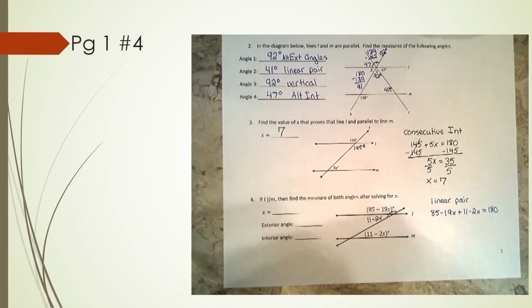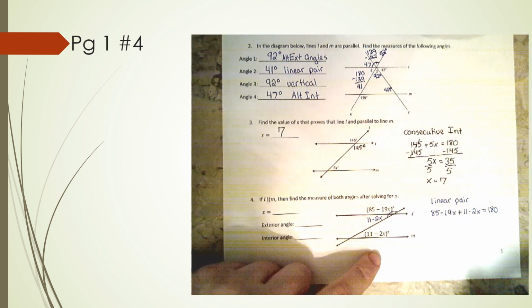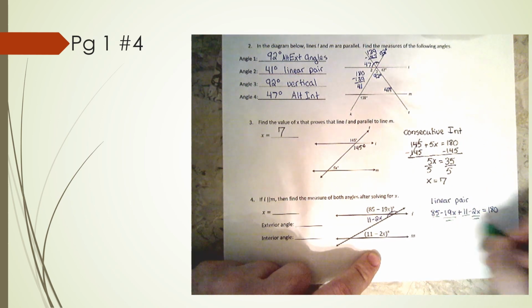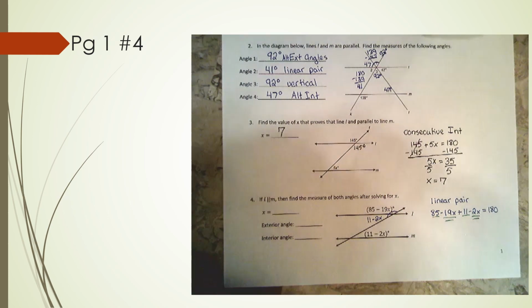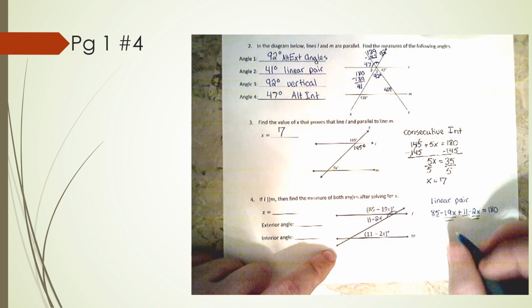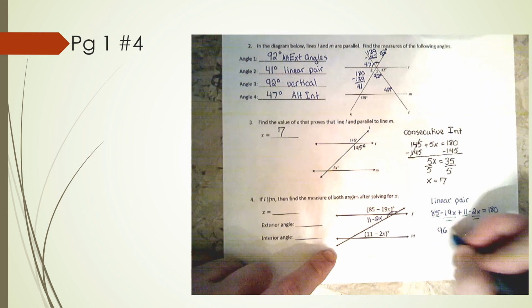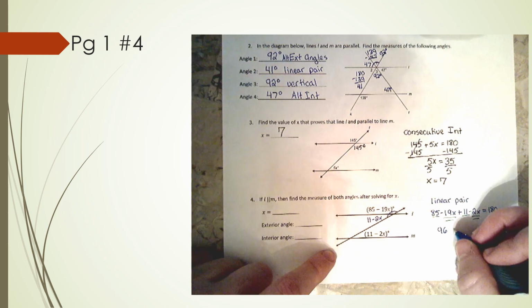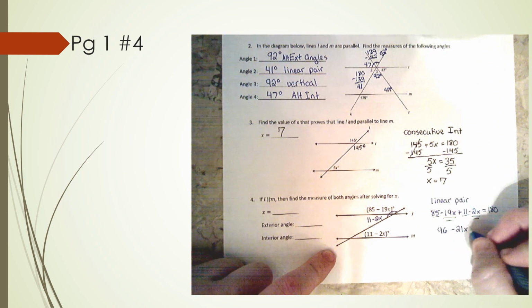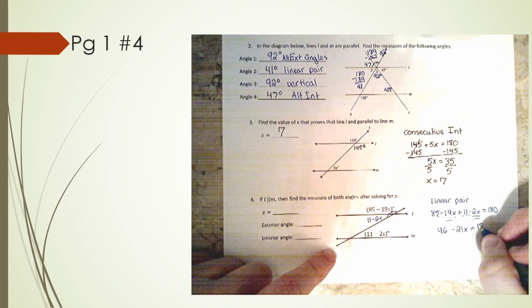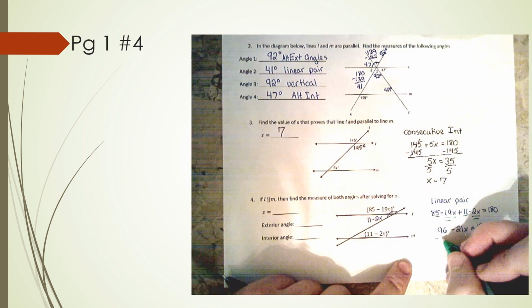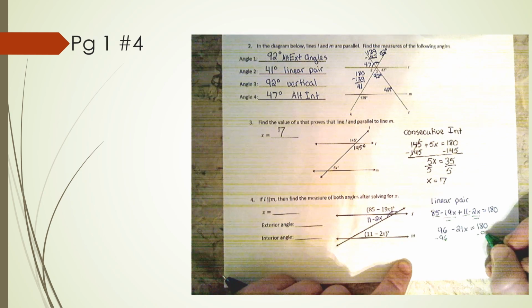So next thing you want to do, combine your like terms. So 85 is going to go with the 11, and the negative 19 will go with the negative 2. So 85 plus 11 is 96. Negative 19x minus 2x is negative 21x. And it's still all equal to 180 degrees. Next step here, I'm trying to get x by itself, so I'm going to subtract 96 from both sides.